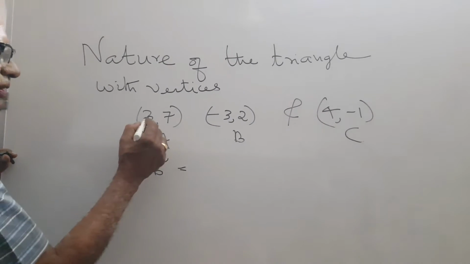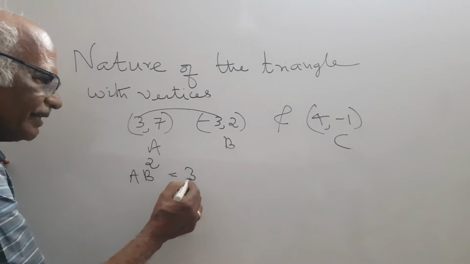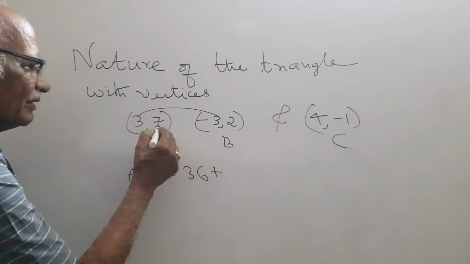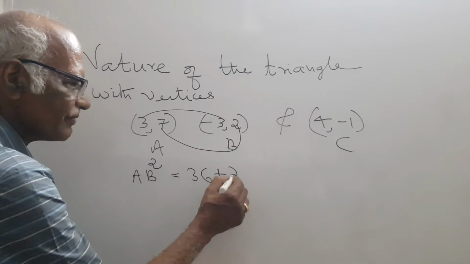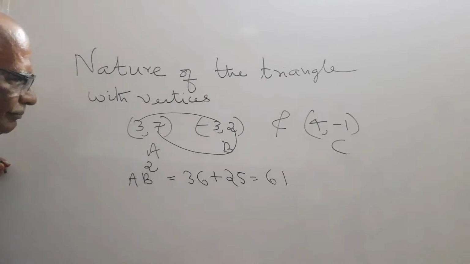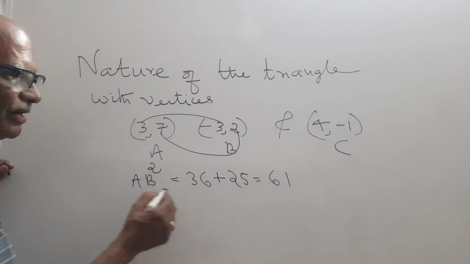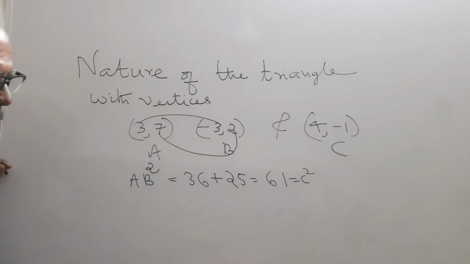AB square: 3 minus (-3) is 6, square is 36, plus 7 minus 2 is 5, square is 25. You get 61. AB is c, so it is c square.